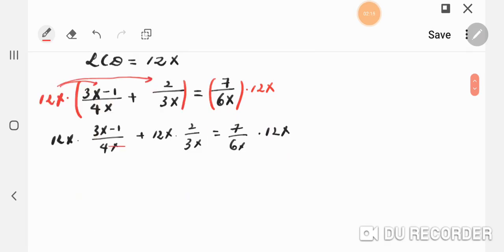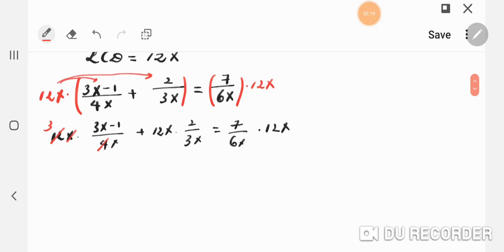So we can cross this out and reduce, so it will be 3, and then x cancels out. From this, same thing, this will be 4, x cancels out, this one reduced, and then cancels out. So the first term will become 3 times 3x minus 1. Make sure that the whole numerator, 3x minus 1, is multiplied by 3.